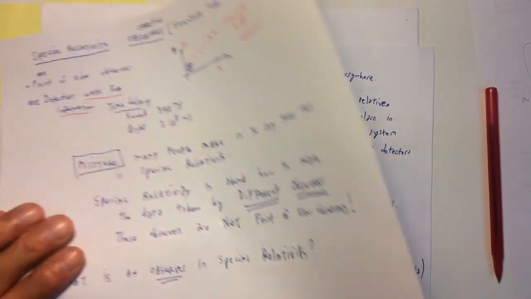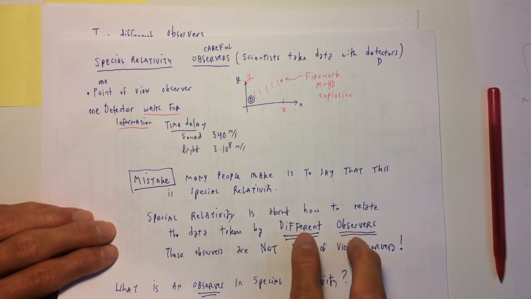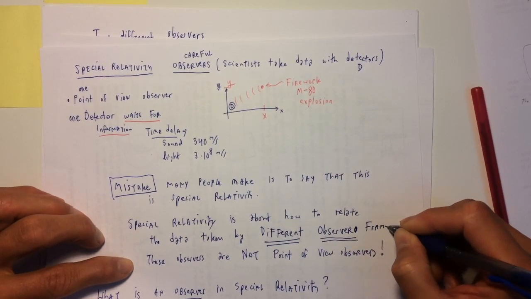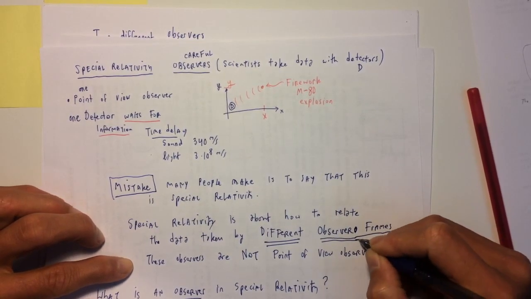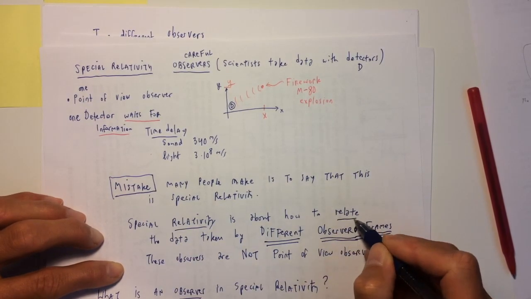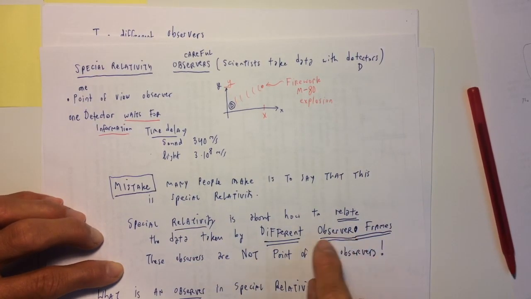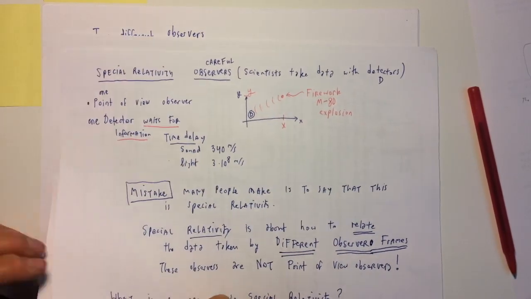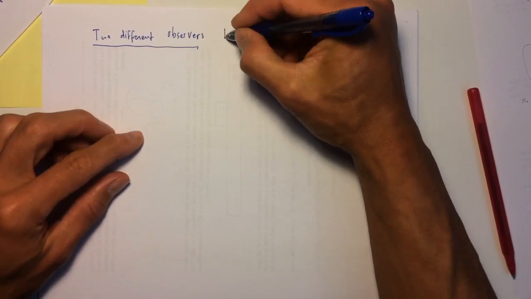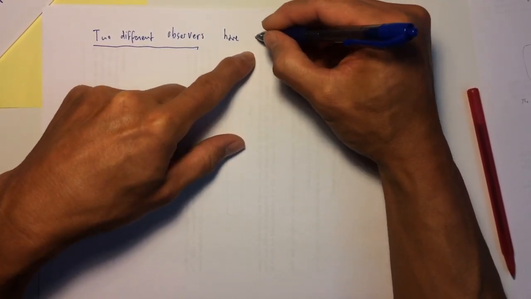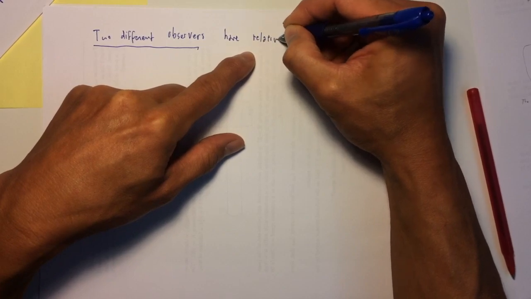The point of special relativity is to relate different observer frames. So the relativity is the relationship between different observer frames. What differentiates observer frames is that two different observer frames have relative motion.